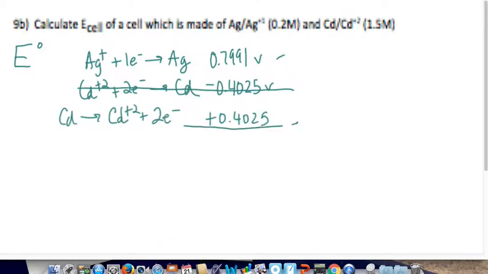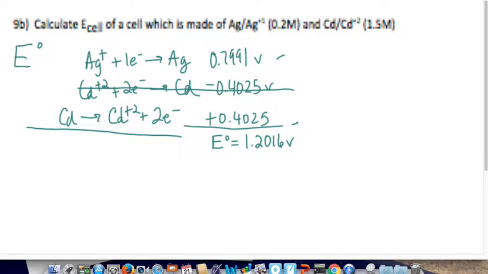All right, so what is my E? 1.2016 volts is the number we get by adding our two half reaction potentials. And now let's do the balanced equation. Can I add these up as is? No, what do I have to do?